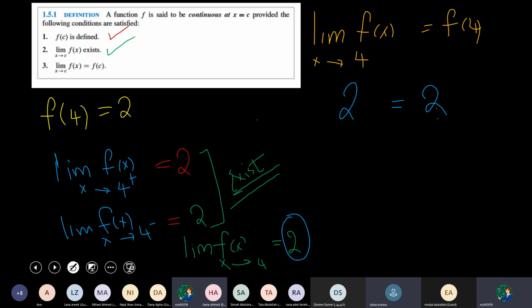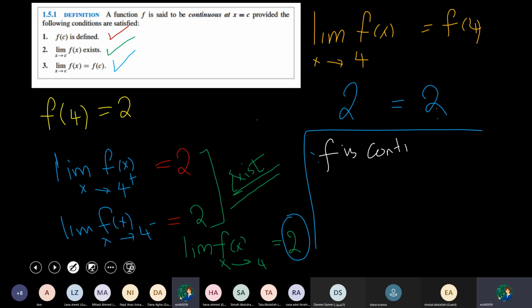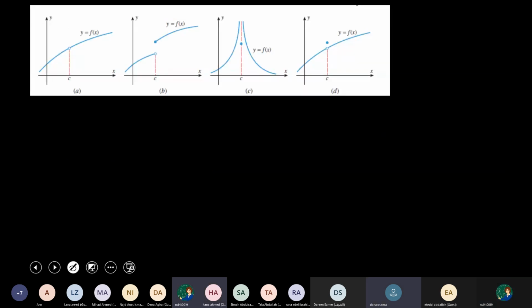Since the limit is equal to the function, my conclusion here now will be that the function is continuous at x equal 4. Is it clear now? Yes. Okay.